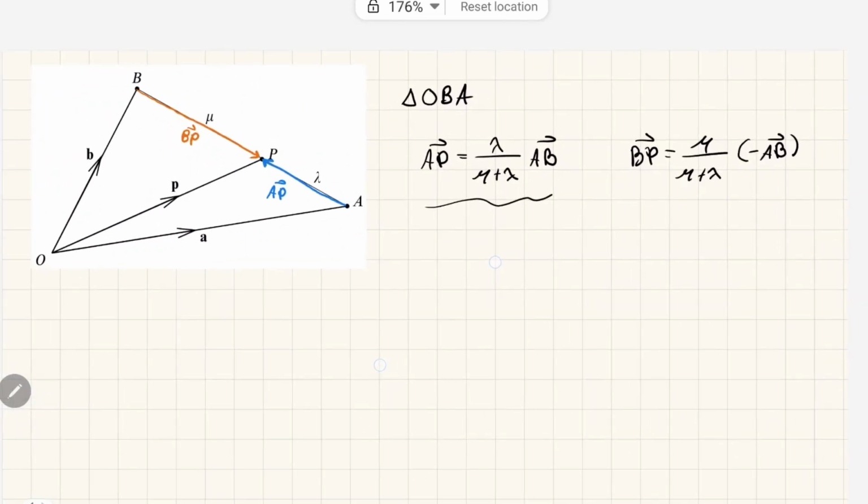So we are interested in finding the vector P that divides the segment AB in terms of A, B, lambda, and mu.